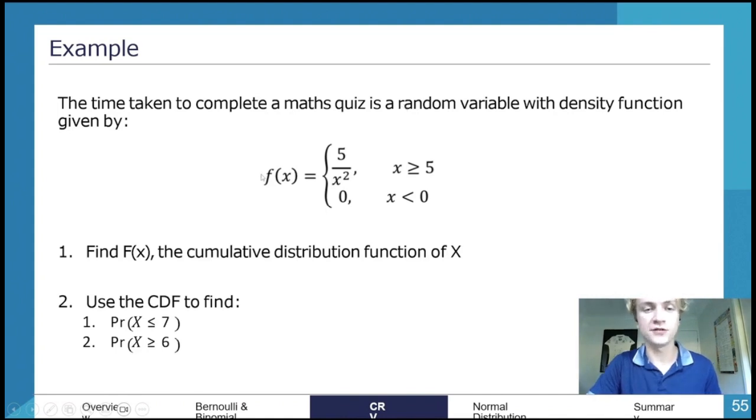It is continuous because it's a function, a smooth line. Question 1 is asking us to find capital F of x, the cumulative distribution function of x. I will note that cumulative distribution function is CDF as opposed to PDF for probability distribution function.